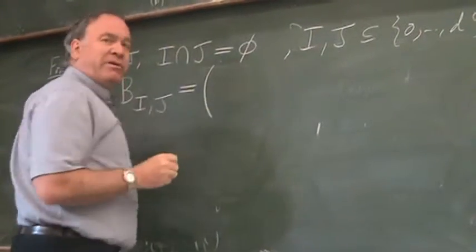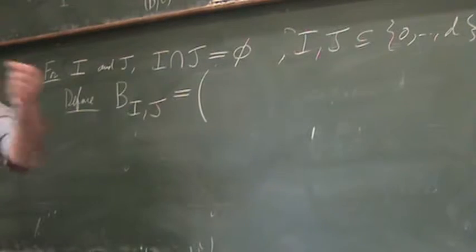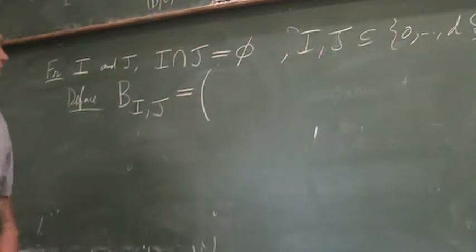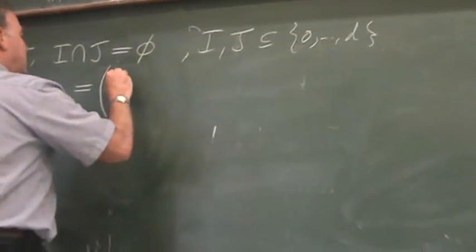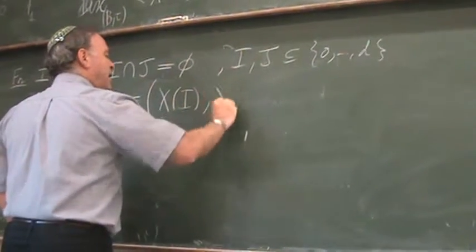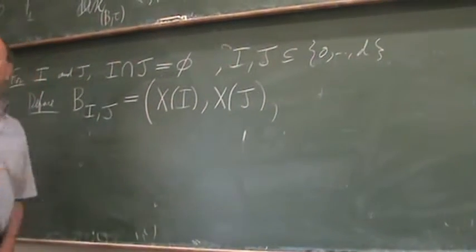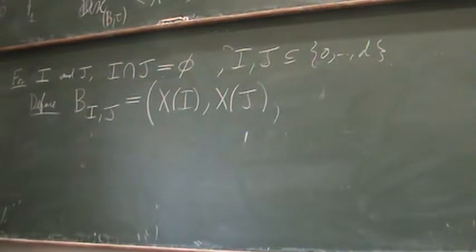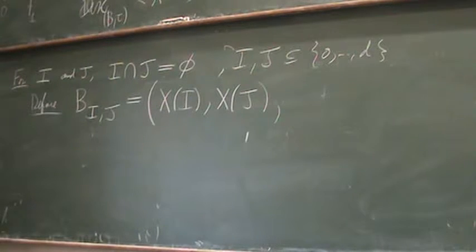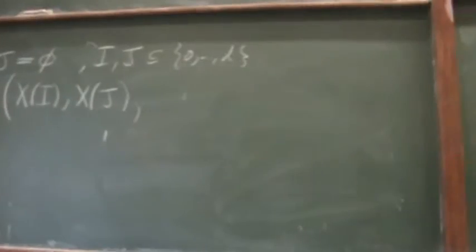To define a bipartite graph, I have to tell you who is on one side, who is on the other side, and when I put an edge between them. B_ij will have X_i on one side, X_j on the other side. You remember what X_i and X_j are? X_i are all the faces of type I, X_j are all the faces of type J.